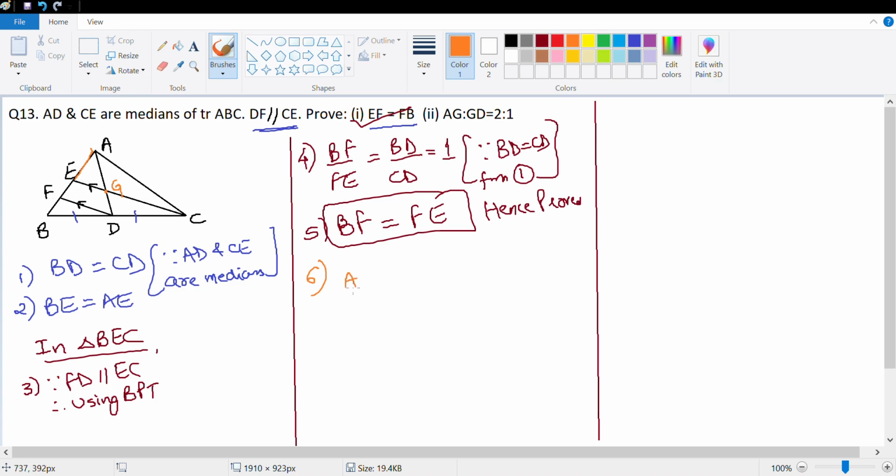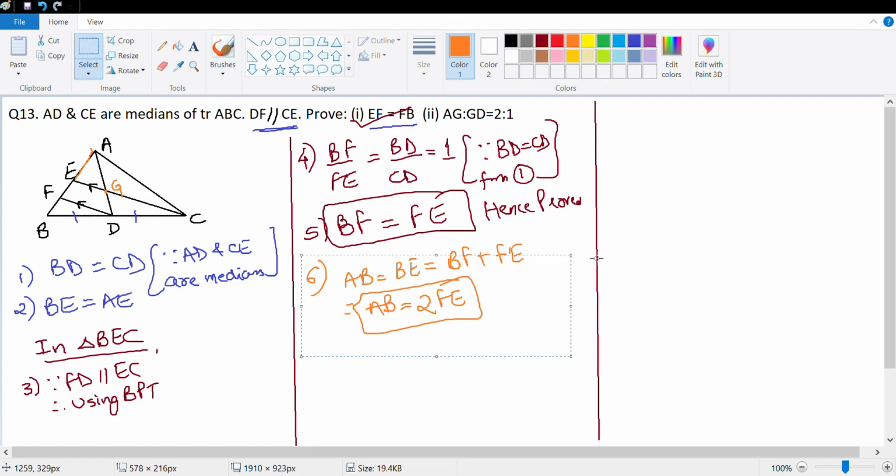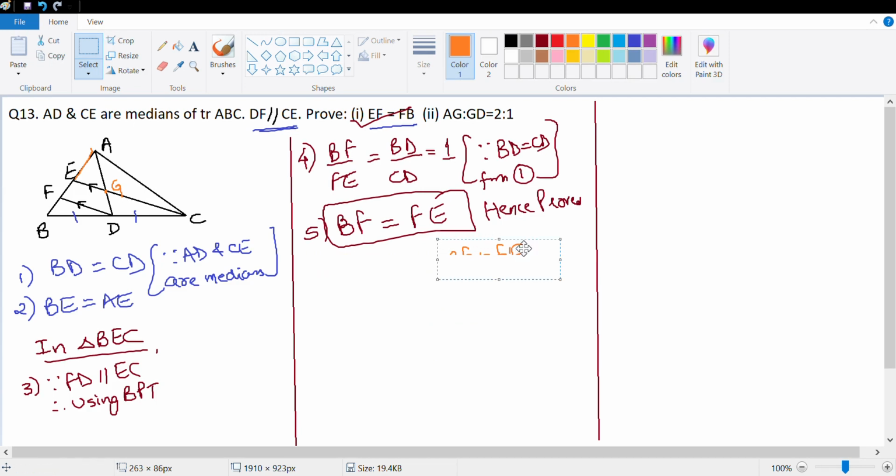Which would mean AE is equal to BE, which means this will be equal to BF plus FE. Therefore, AB would be equal to 2 times FE. Why 2 times FE? AB is equal to BE. What have I written? Oops, completely wrong. Let's just rewrite this.